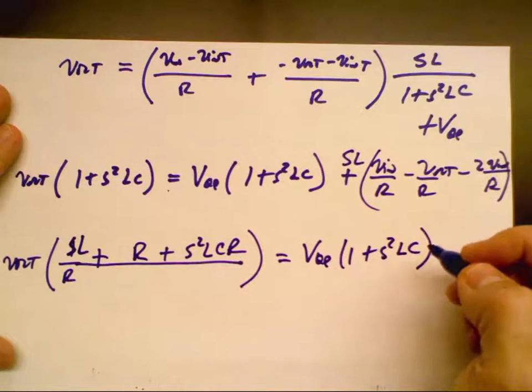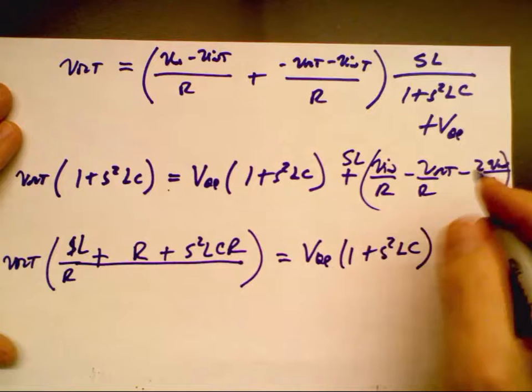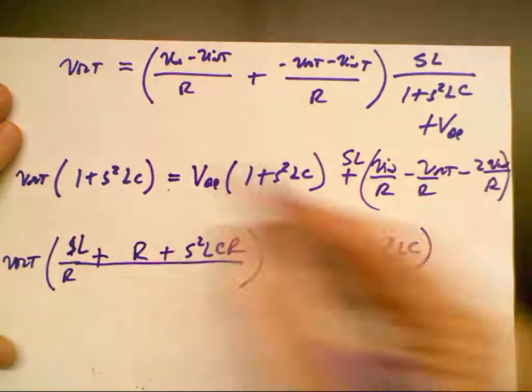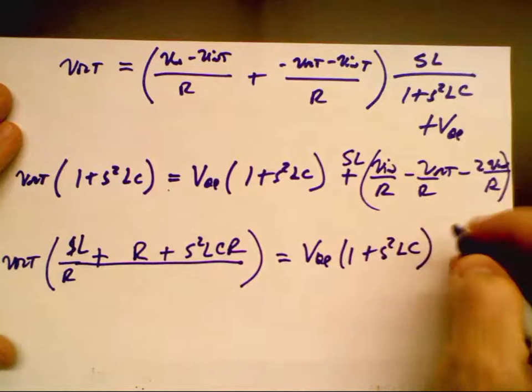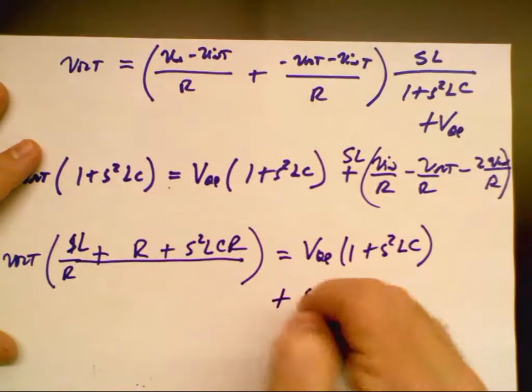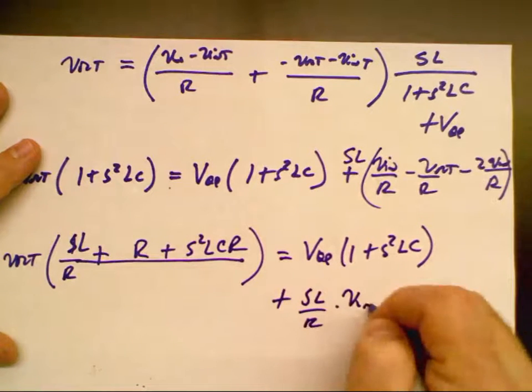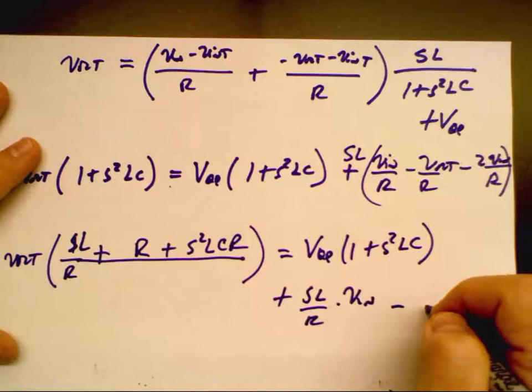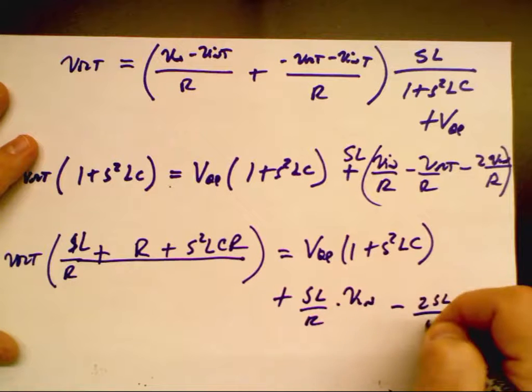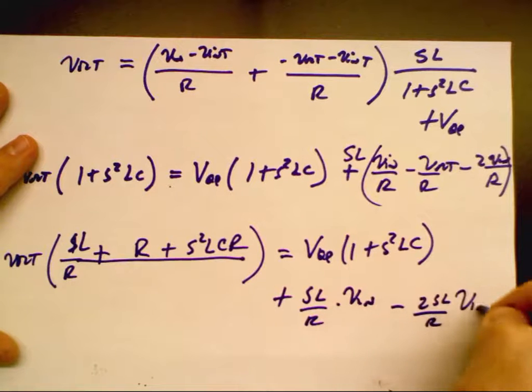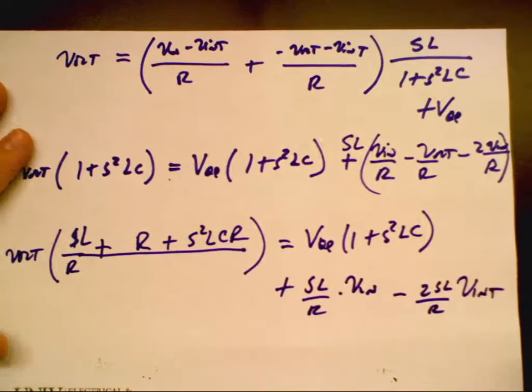Lots of algebra. And then I move that to the other side. So this would be plus SL over R times V in minus 2SL over R times V int. How's that?